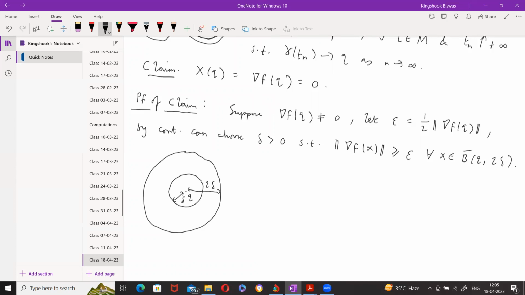Then the point is, anytime I enter the ball of radius delta, I will have to spend a definite amount of time inside the ball.